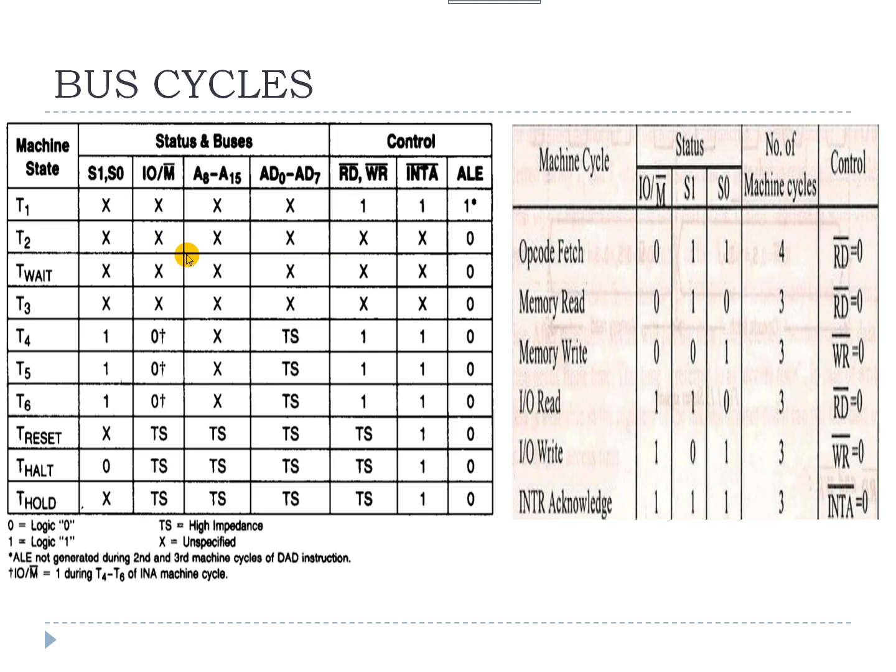After some period the wait state may also be inserted. T2 and T wait can be merged cycles, so you can use either this or this. After that you will have T3, which has the same status, and for T4 you will have either memory read or memory write.